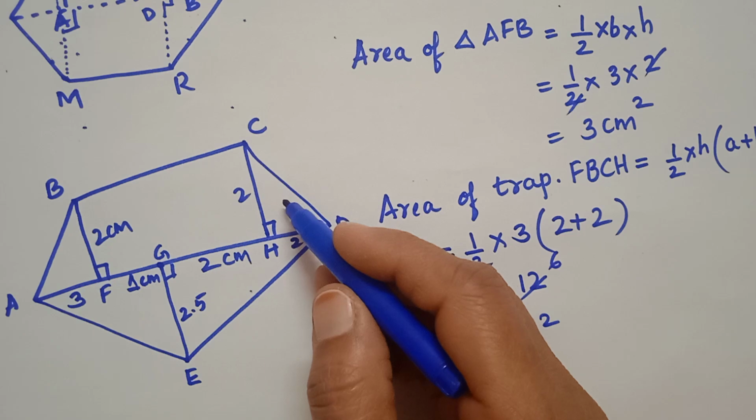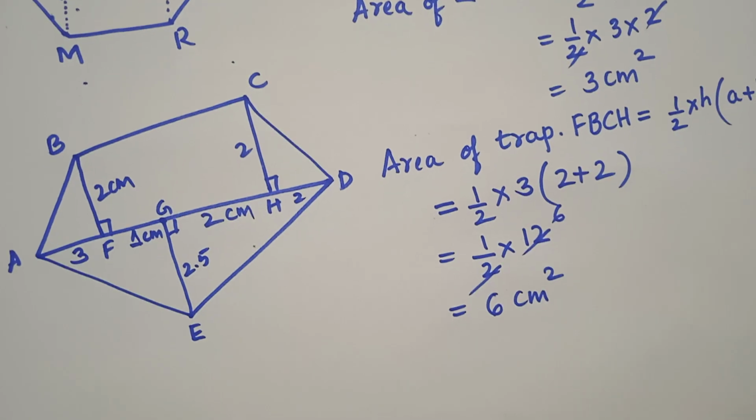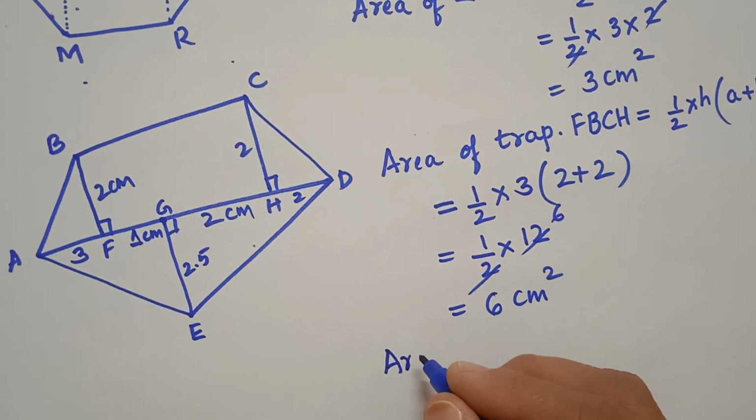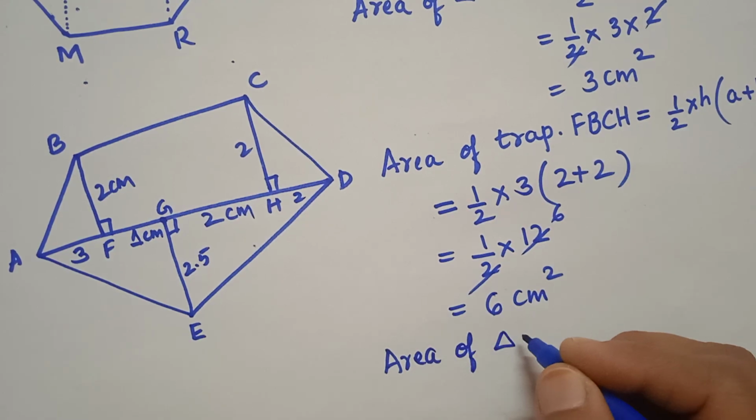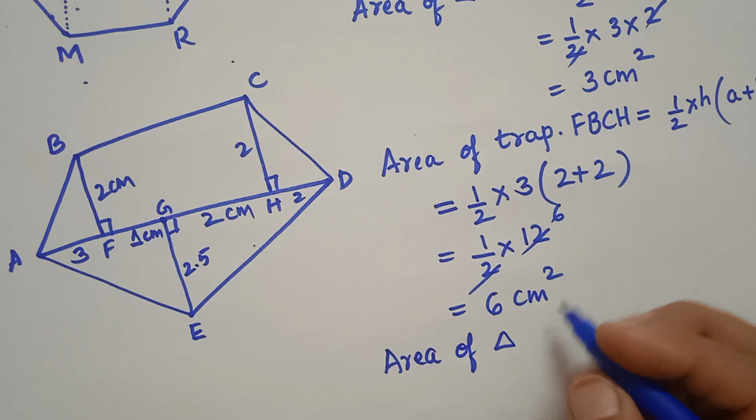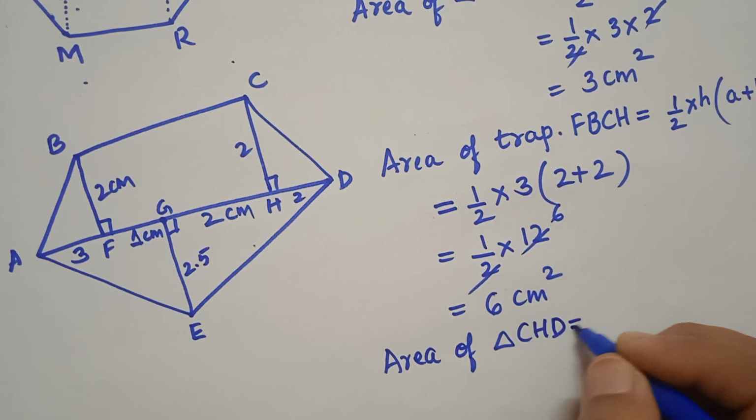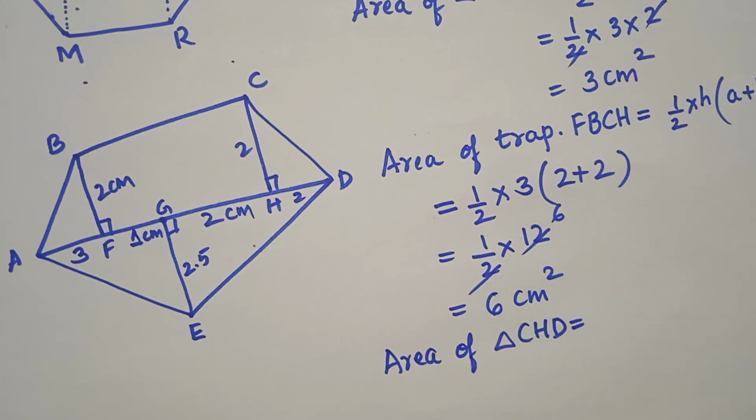Now find the area of this triangle CHD. Area of triangle CHD is half into base into height.